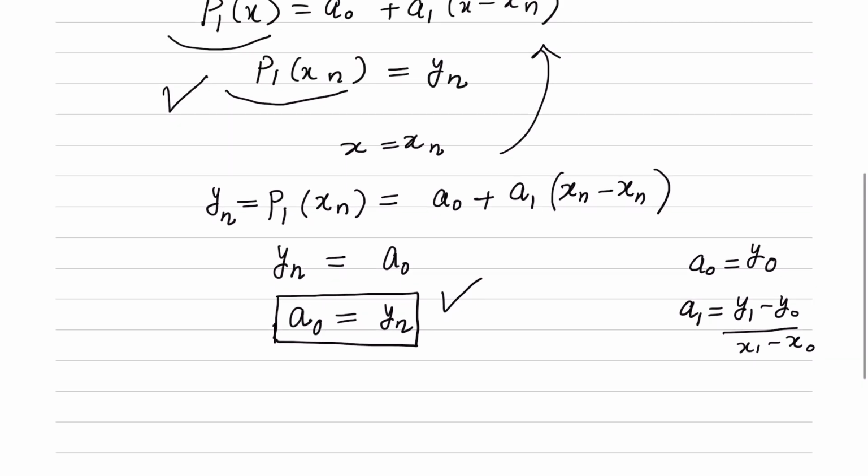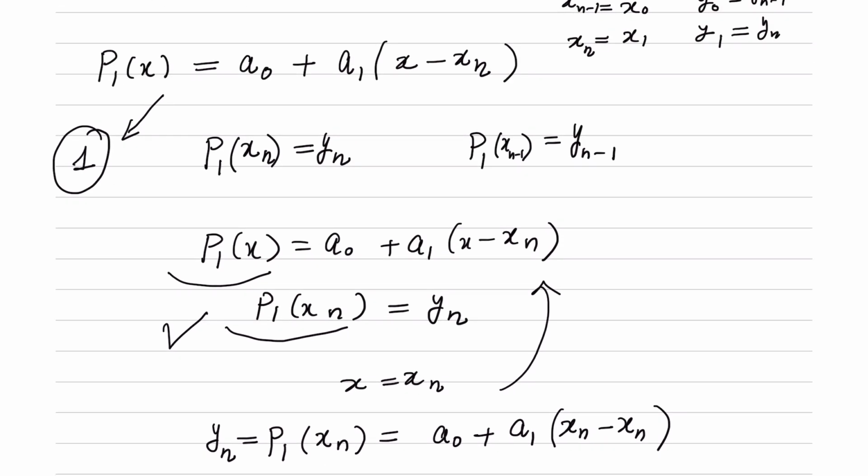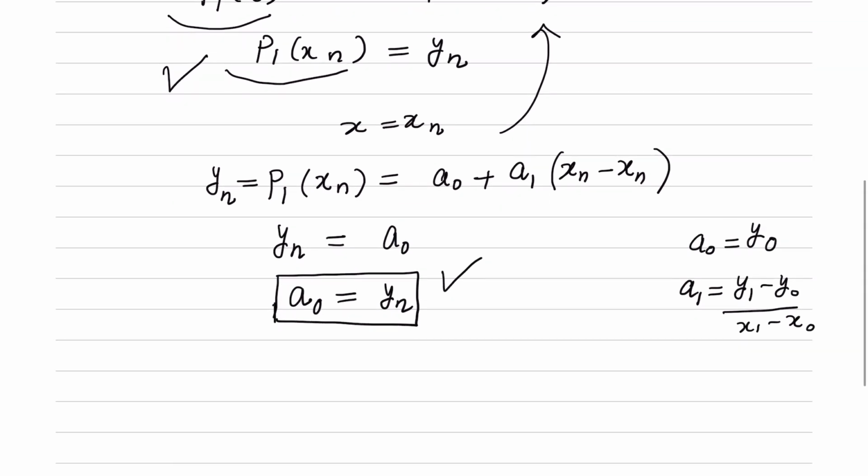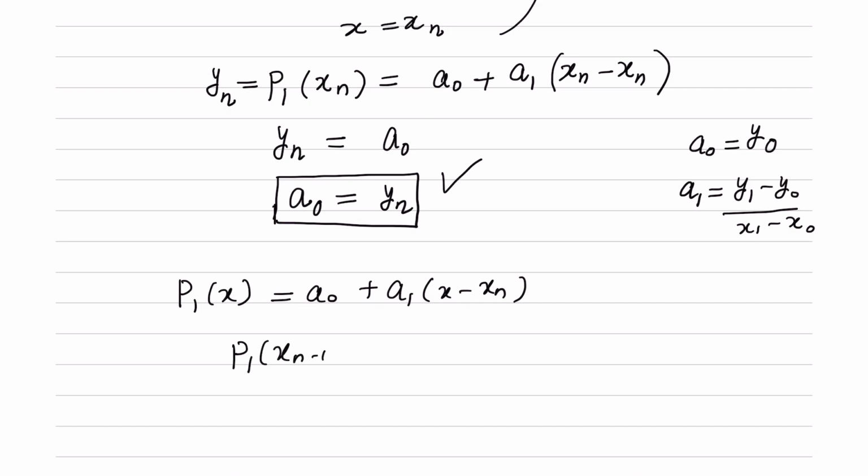To find a1, we compare polynomial 1, p1 of x equal to a0 plus a1 times x minus xn, with the second condition, p1 of xn minus 1 equal to yn minus 1.